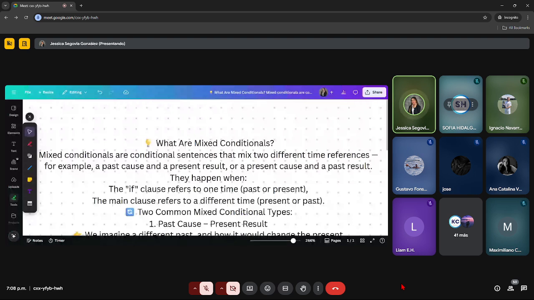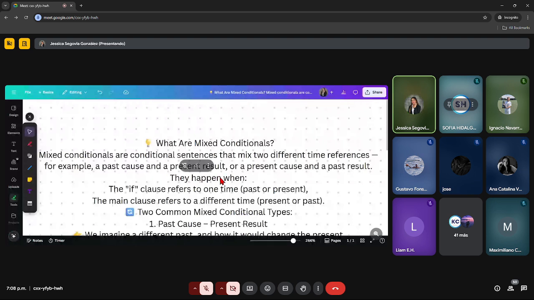What are mixed conditionals? So, mixed conditionals are conditional sentences. As you know, we have zero conditional, first conditional, second conditional, third conditional, and then a fifth category that is mixed conditional, where we mix two different time references.